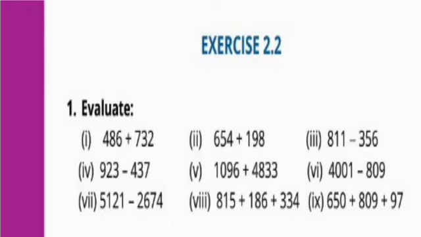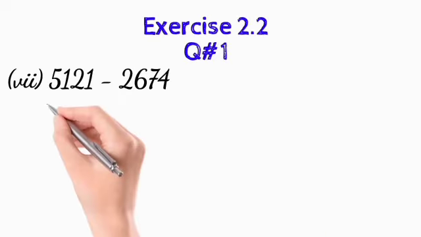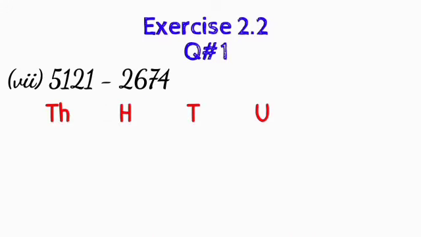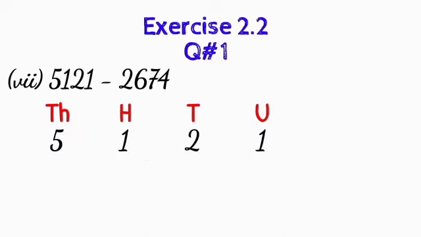Again look at exercise 2.2. For more practice of subtraction, we solve 7th part. 7th part is 5121 minus 2674. To find this subtraction, we write them in vertical column while placing each digit according to its place value. We write 5 in 1000, 1 in 100, 2 in tens and 1 in unit place digit.